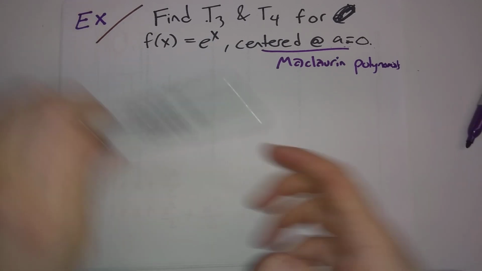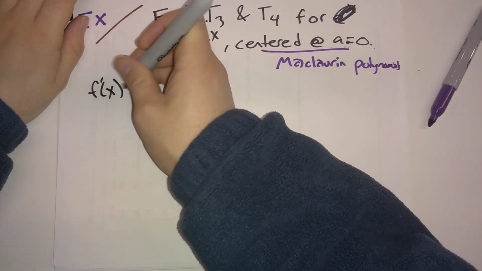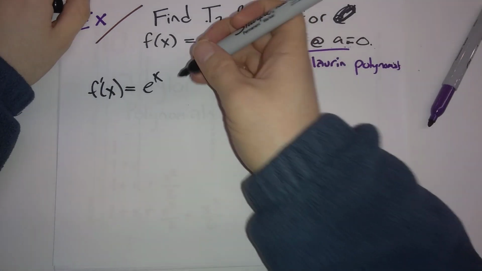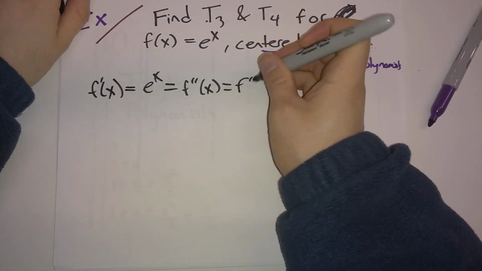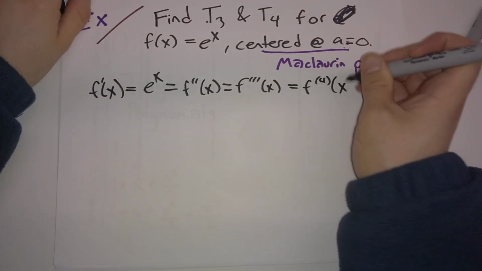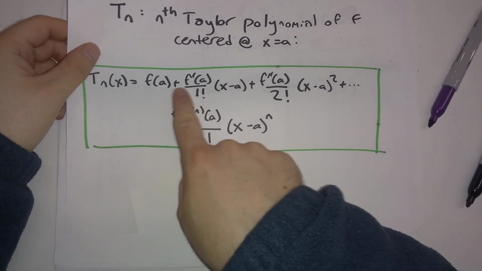We need some derivatives here to calculate this. F of x is e to the x. F prime of x is e to the x. In fact, all our derivatives are e to the x. Okay, so we need to plug a into all of our derivatives.